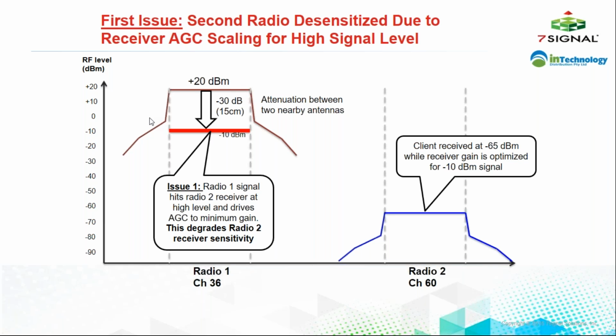It reduces the receiver sensitivity of that radio because we've raised the noise floor artificially. So we're not creating the best experience for our clients because we don't have the right signal strength.